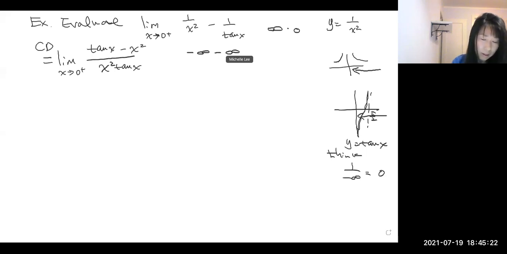And what do you get? The x squared 10x. So x squared is positive infinity. Oh, too much. And 10x. Let's see.